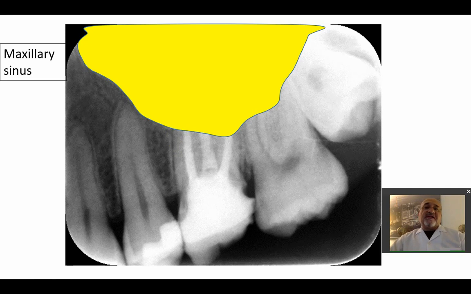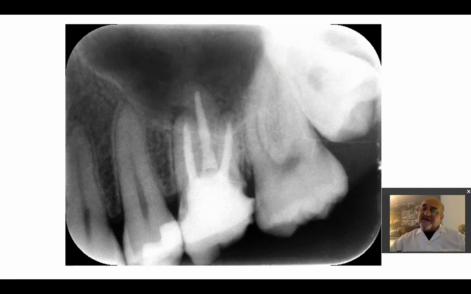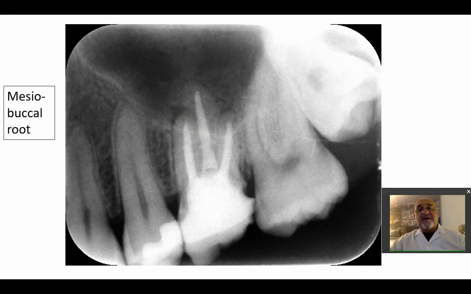So, as we said, the maxillary sinus differs in its extension, size and location. And this is what I was talking about: the mesiobuccal root, the palatal root and the distobuccal root.